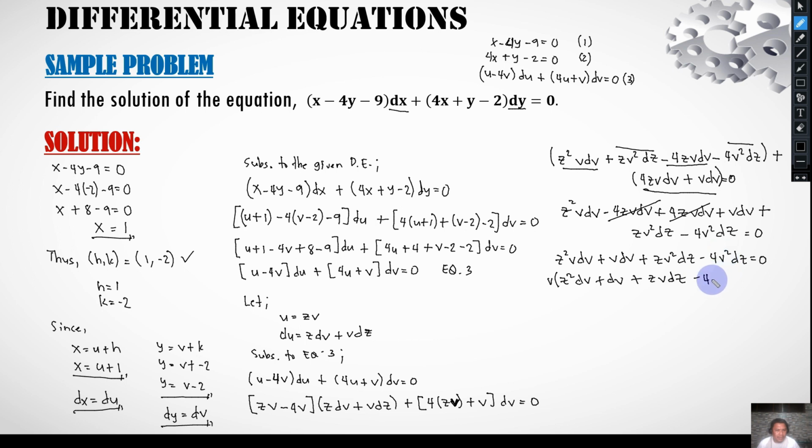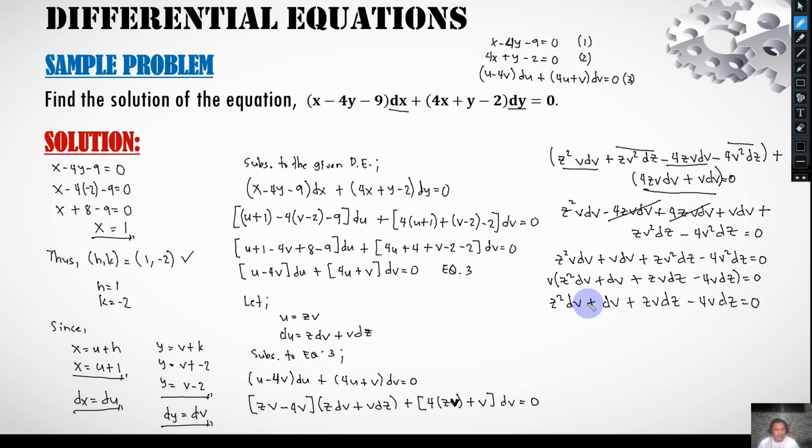Labas natin isang v, so v and this is dz is equal to 0. So, magka-cancel itong v, mawawala to. So, ang natitira dyan is z squared dv plus dv plus zv dz minus 4v dz is equal to 0.